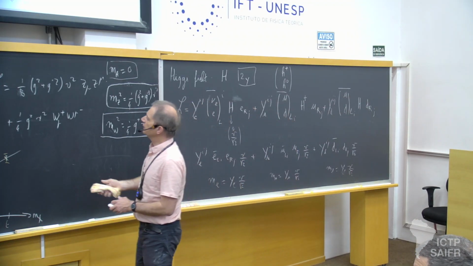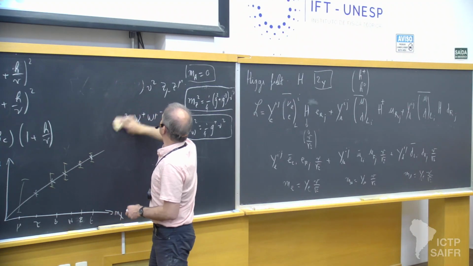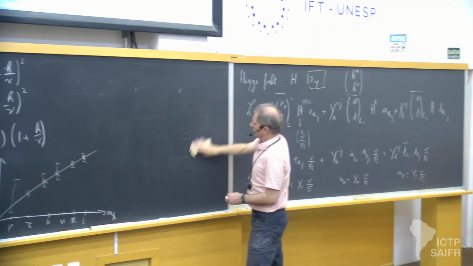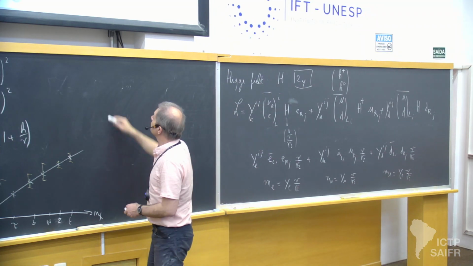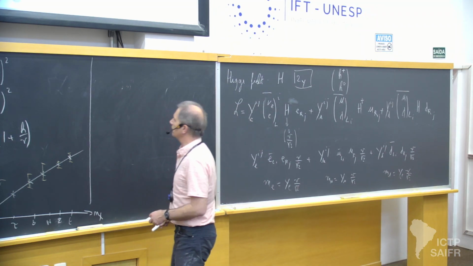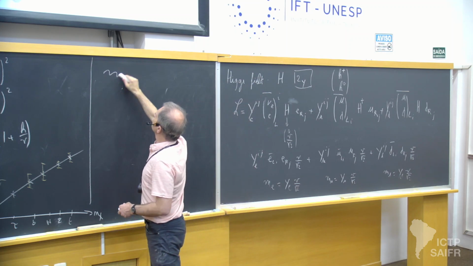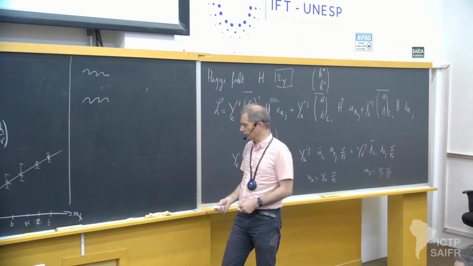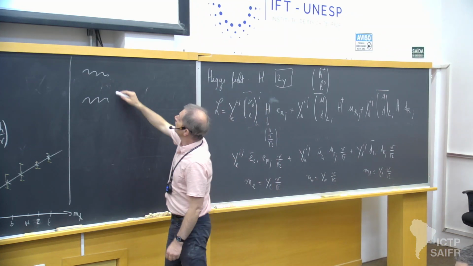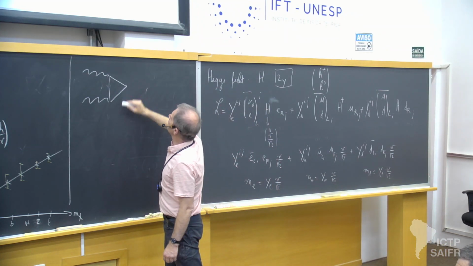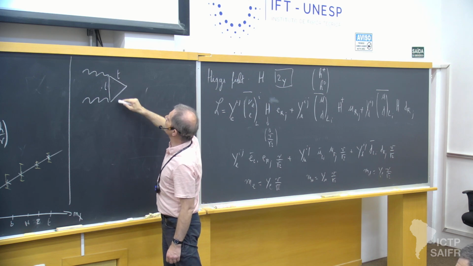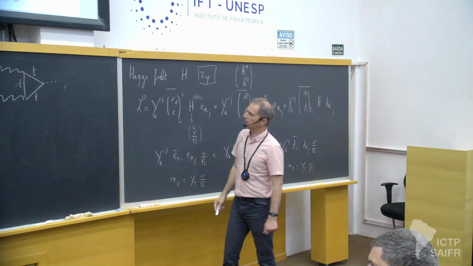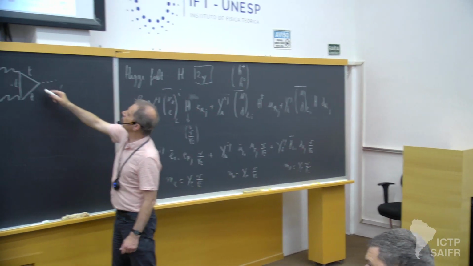Nonetheless, quantum mechanically, and this is how the Higgs boson was actually produced at the LHC, it's coming from the gluons that are contained inside the proton. At the LHC, you have a lot of gluons. The gluons produce a loop of top quarks, and the top quark is interacting a lot with the Higgs boson.